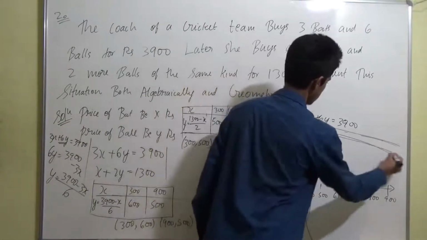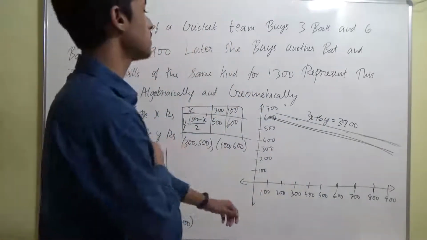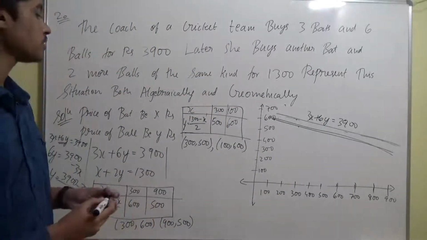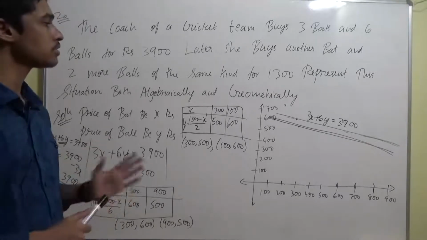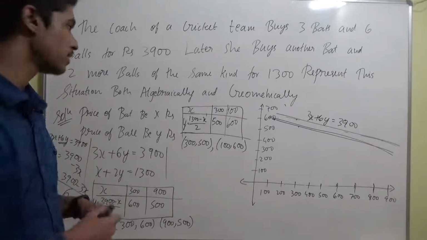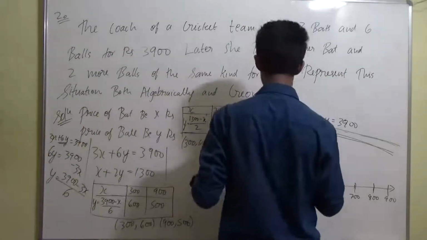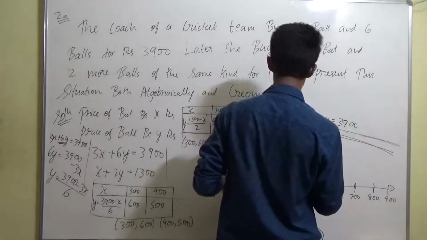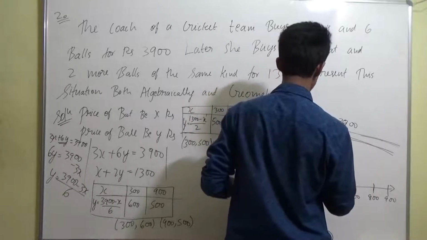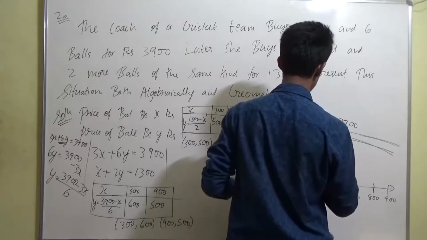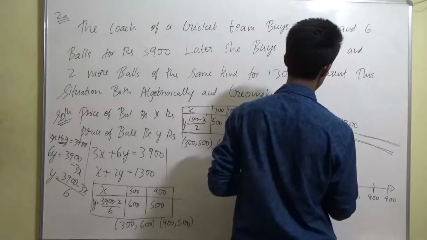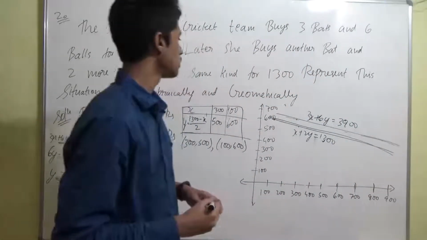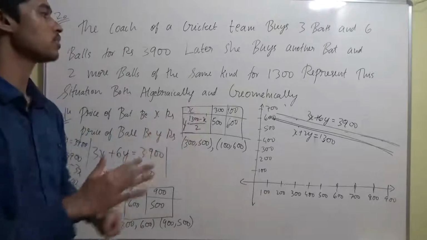It's going to give us a line like this. So if you see these 2 lines, guys, this graph gives us parallel lines, right? This is the graph of x plus 2y equal to 1300. That's it, guys. This one gives us a parallel line graph.